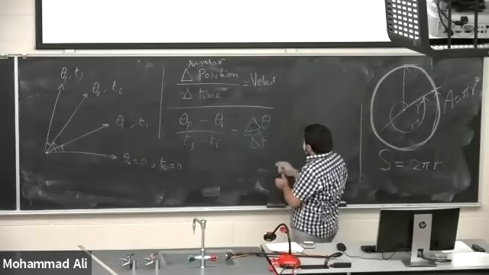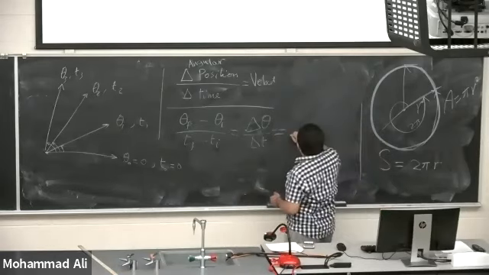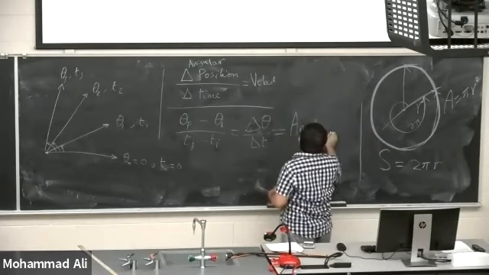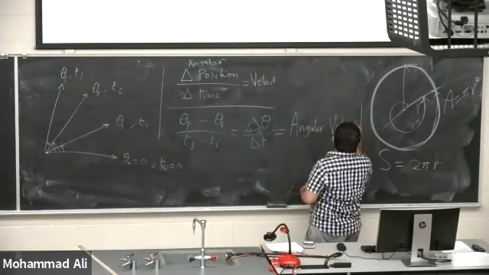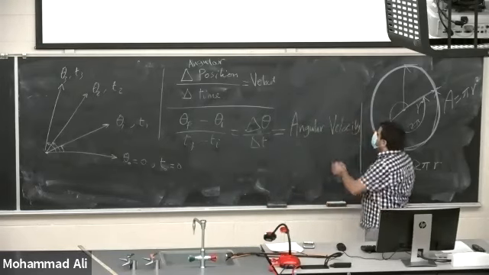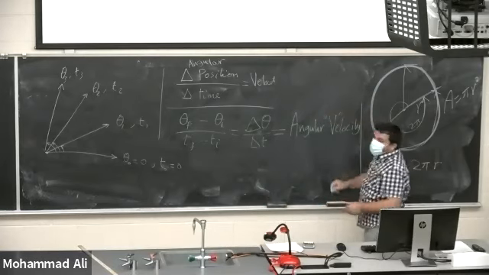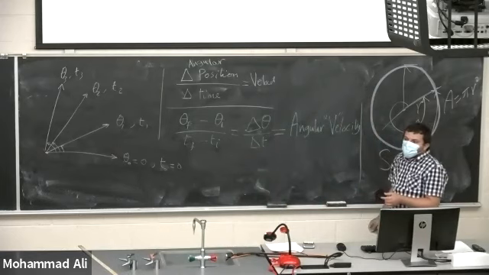This will be equal to angular velocity. This angular velocity will not be named by the symbol v. We will name it omega.